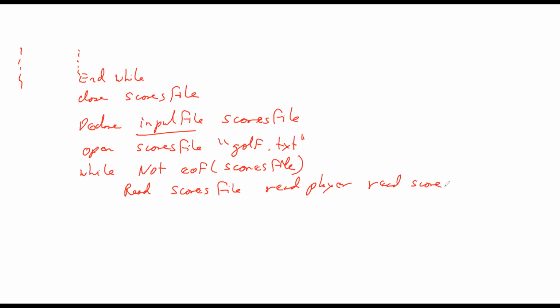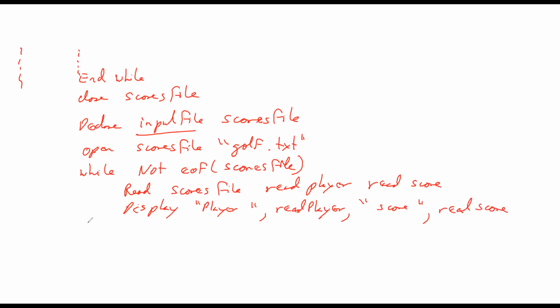Okay, we do that. Then once we've read them, we can just display them on the screen. So we're going to say display player, read player, comma, score, read score.